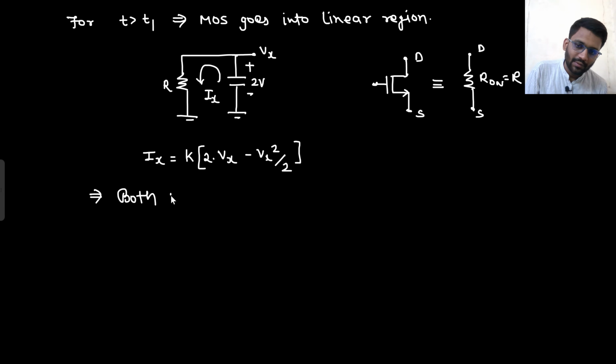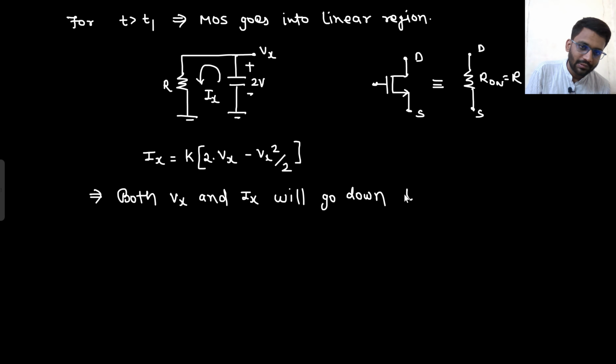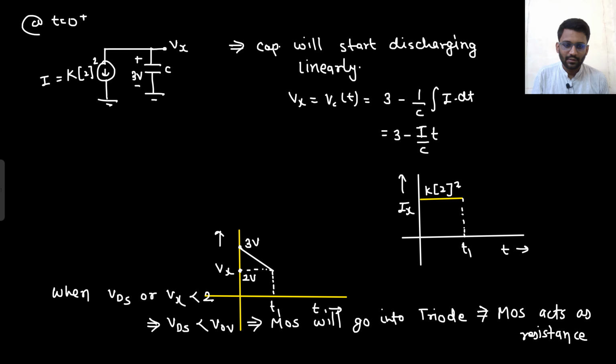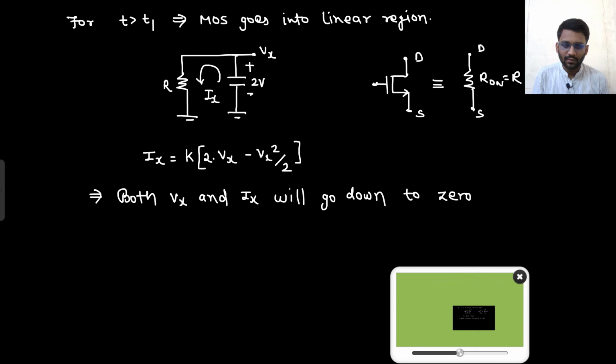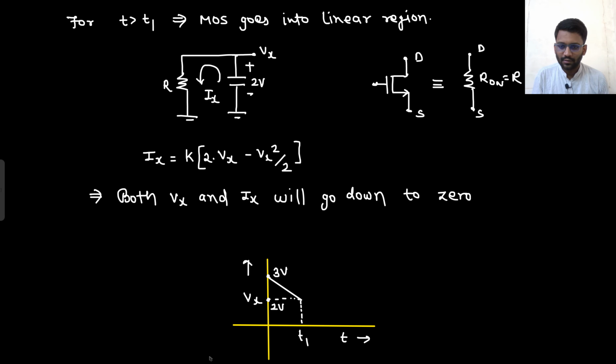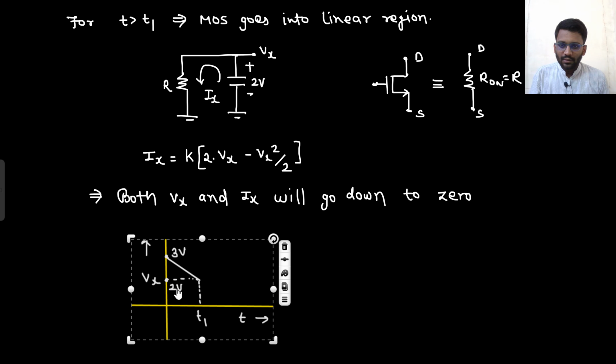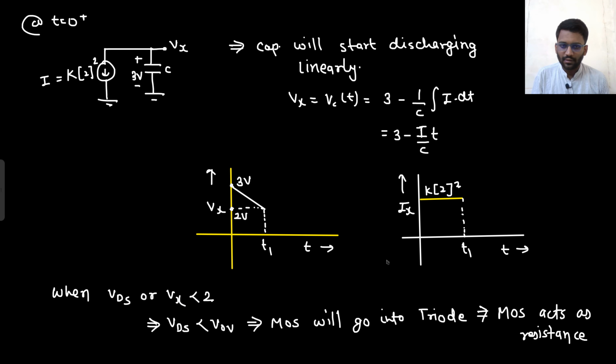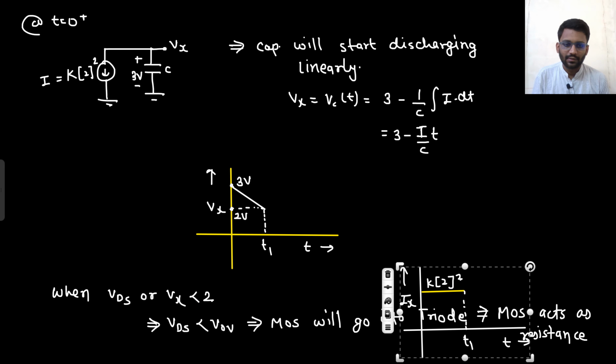Both Vx and Ix will go down to 0. Now we can draw these curves. This was your Vx and this was your Ix.